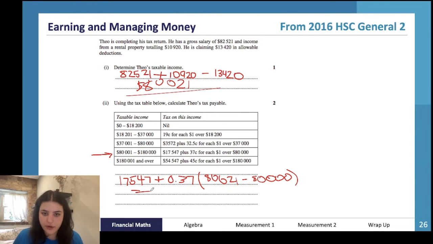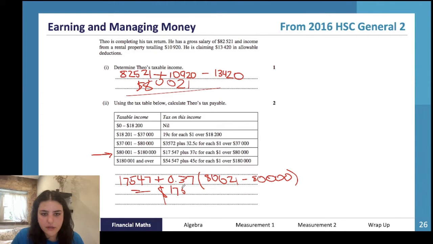Brackets, we go 80021 minus 80,000. And that should leave us with 17,554.77.